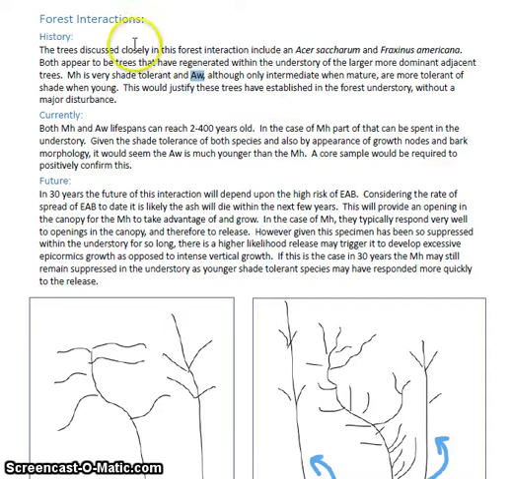So in this one with the history, I'm justifying why I think these trees have grown in the understory of an existing forest, and that is based on their shade tolerance and also the evidence of the forest trees growing around it. In other words, they didn't germinate in a forest where there has been land clearing or disturbance take place. They have grown up under the existing forest.